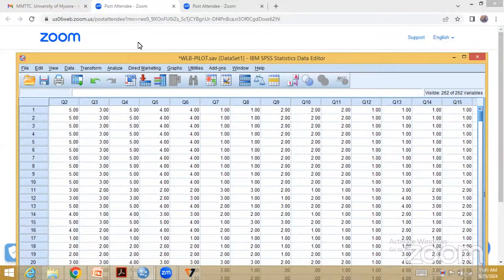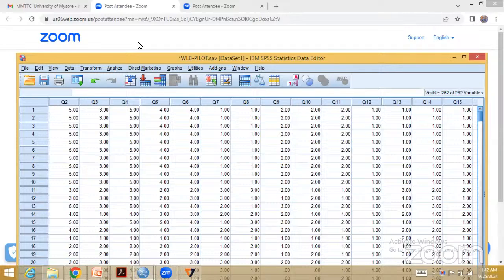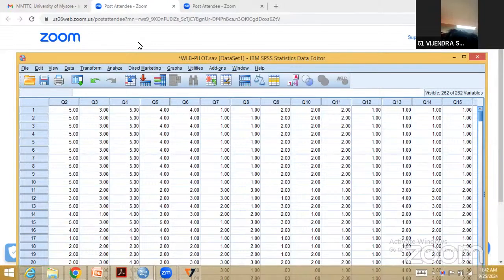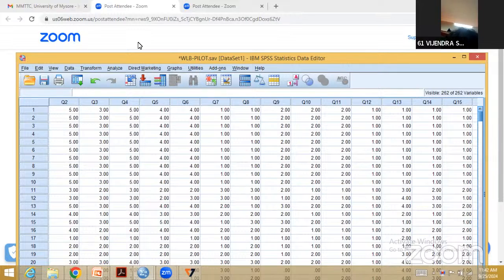The histogram will give you a bell-shaped curve. And if it is a bell-shaped curve, then normality is assumed. Otherwise, normality can be tested by using skewness on both sides, or we have a test.